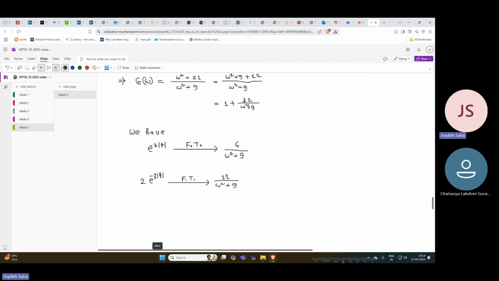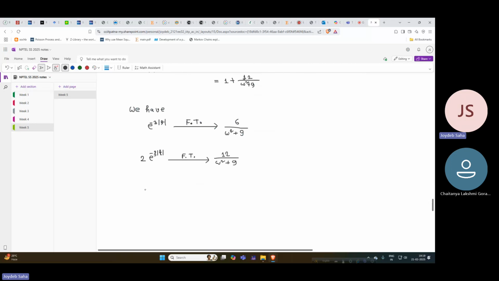And we have that delta t's Fourier transform is 1.